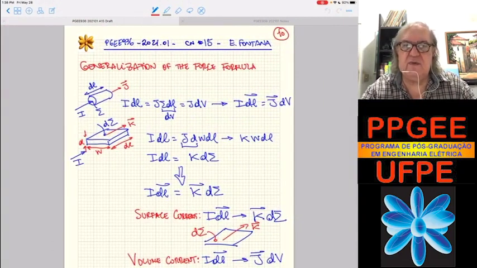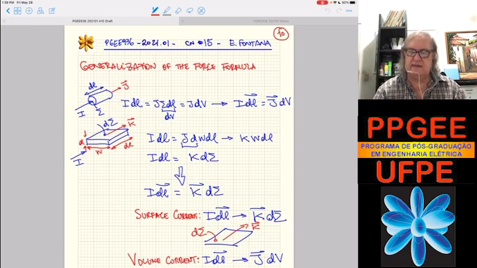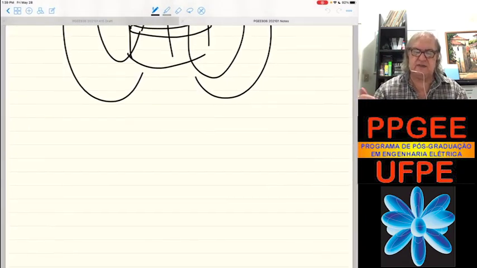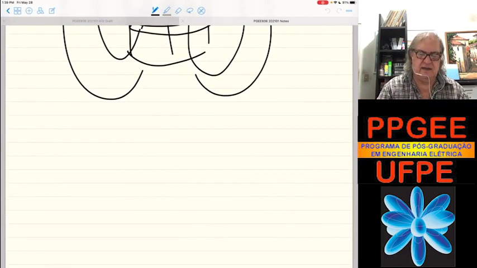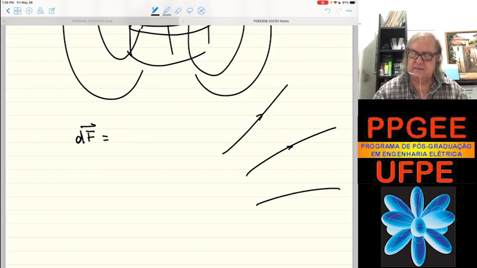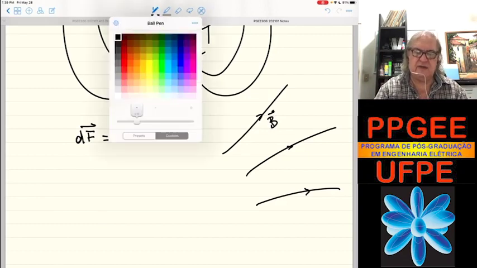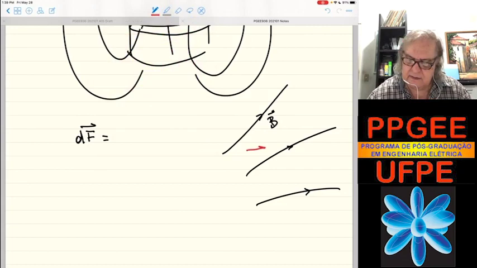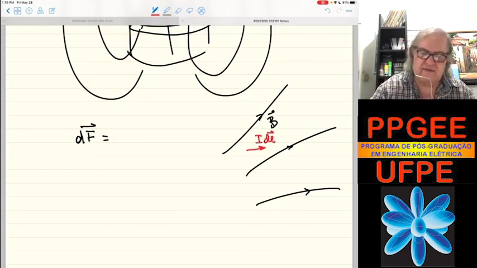Let's generalize now the force formula. Notice the element that contributes to the force: if you have a field and a differential current element, then you have the differential force dF on a current element. The same holds for the Biot-Savart law, where you talk about the field.